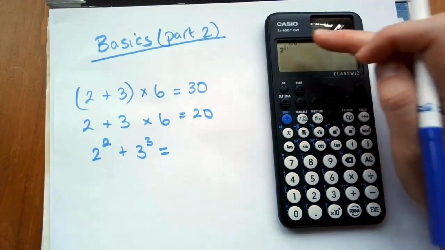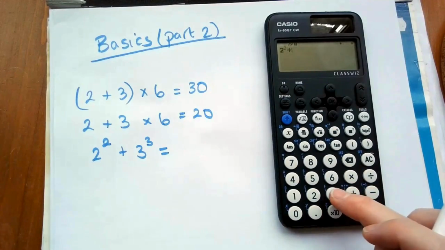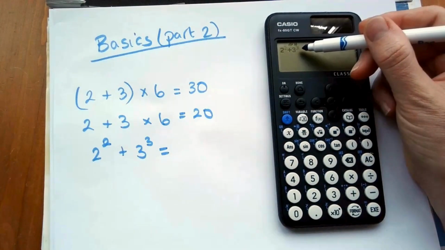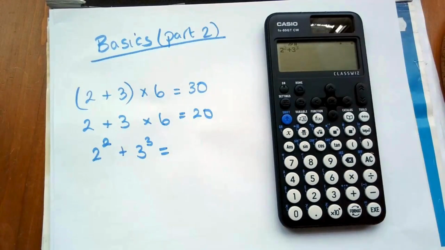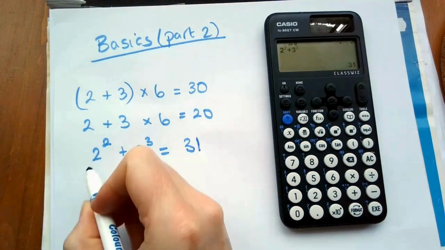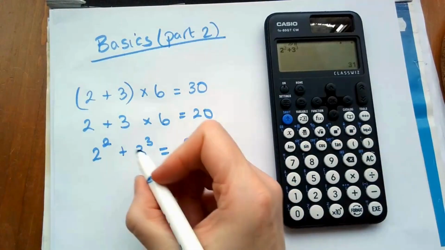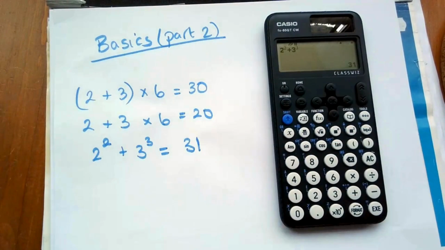Okay, and we're going to add 3 cubed. So I'm going to do the same again, but I'm going to put a 3 as my indices value here. Okay, so once I've done that, just need to press execute, and that gives me 31. And that's because it's 4 plus 27, so it's going to be 31. Okay, so that's how we do indices.